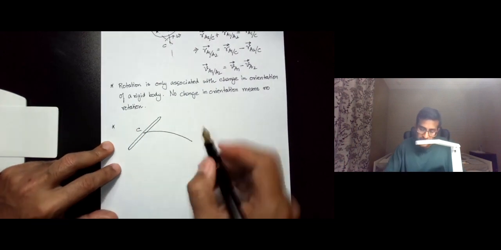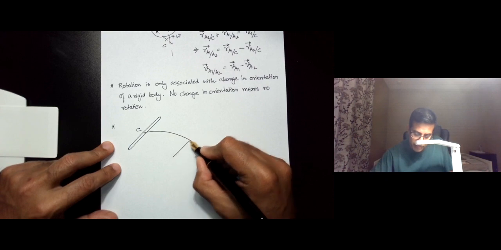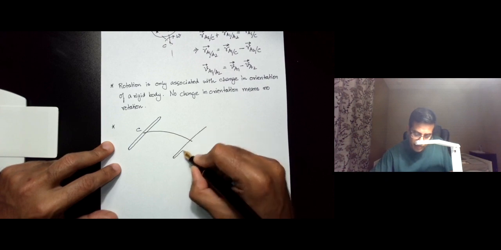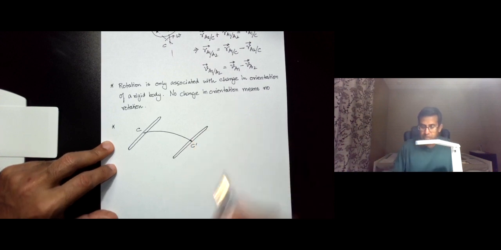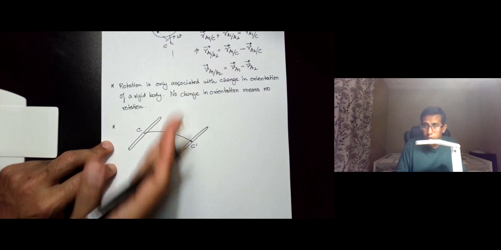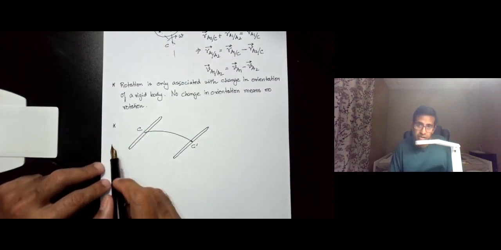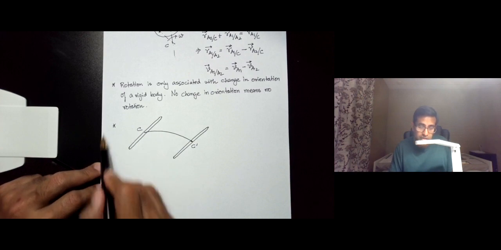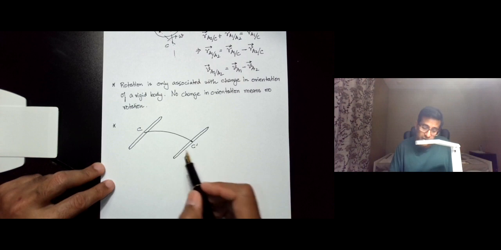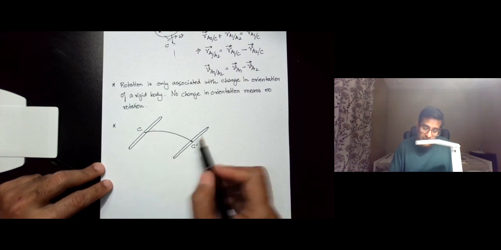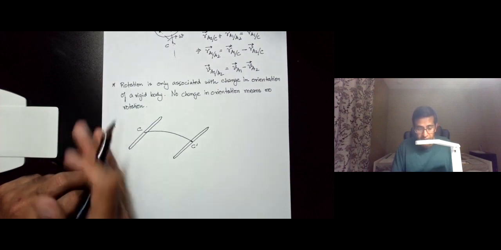So this is clearly a curved path, and at the end C goes to this point, but the orientation has remained the same. And how are we measuring this orientation? Actually, if you think about it, we are measuring this orientation with respect to the edge of this page, and that's the way I have drawn it. And I have made this roughly the same orientation as this, so I'm considering this as my reference direction.